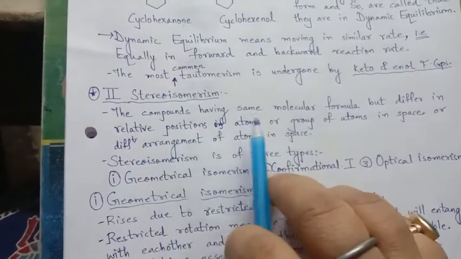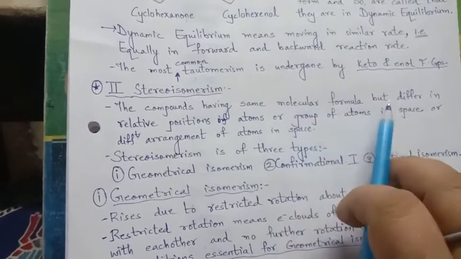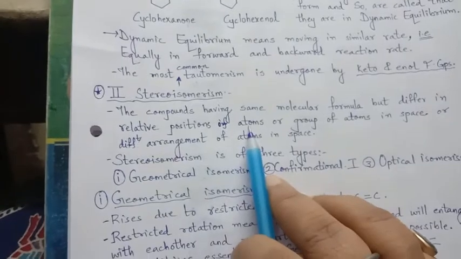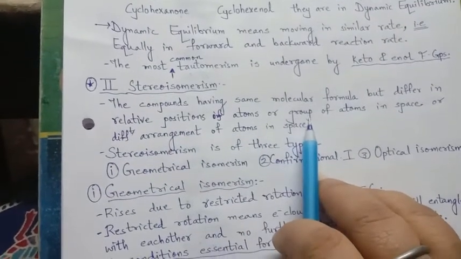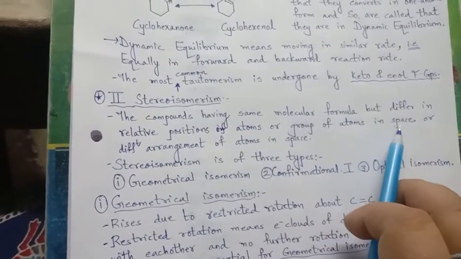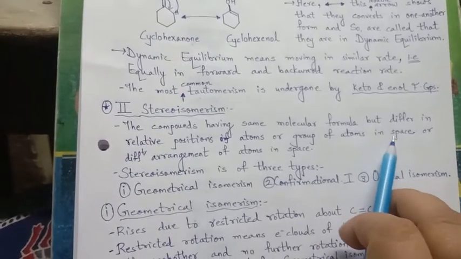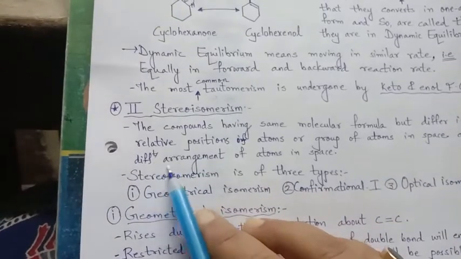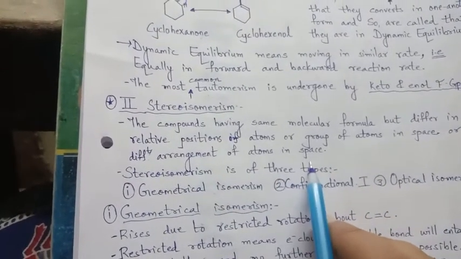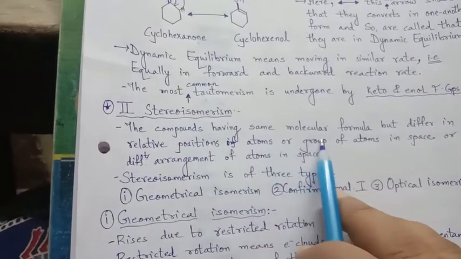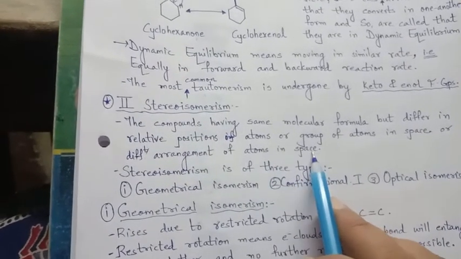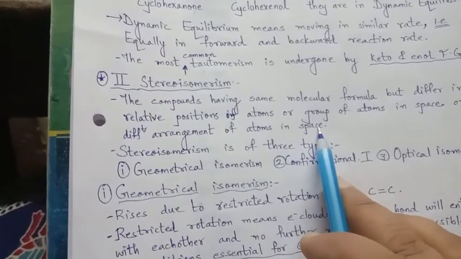Compounds having the same molecular formula but differing in the relative positions of atoms or groups of atoms in space. In space means whatever the possible surroundings are. Or we can say a different arrangement of atoms in space. Compounds having the same molecular formula, but with a difference in the arrangement of atoms or groups of atoms in space, are termed stereoisomers.